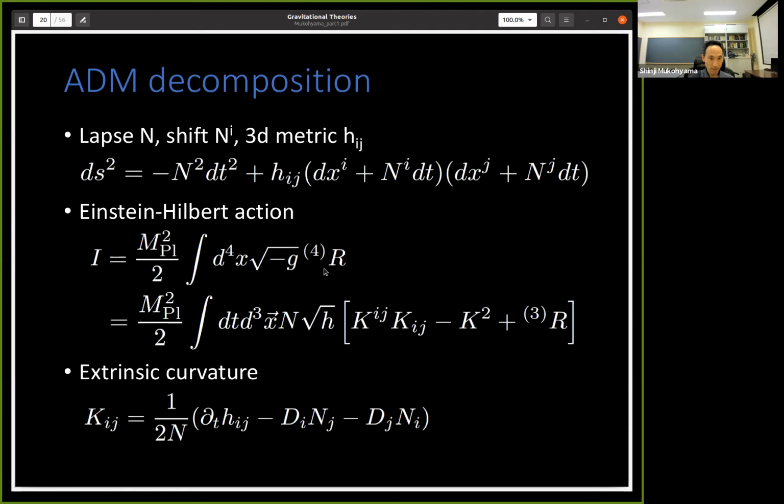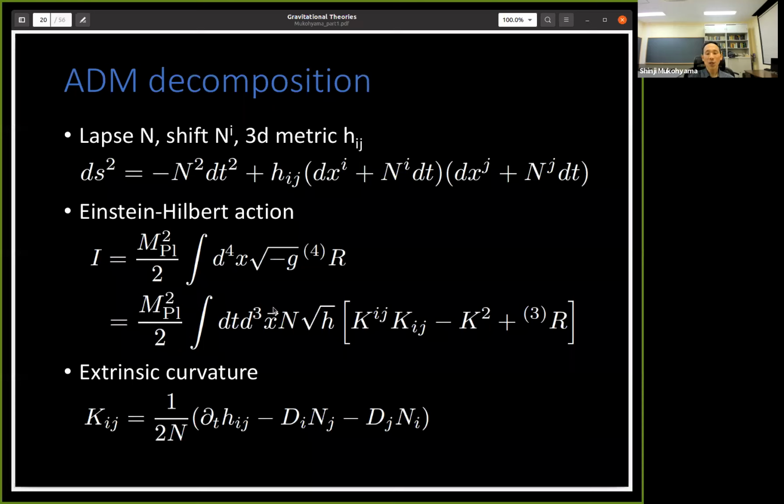Okay, so we decompose in this way, then plug this into the Einstein-Hilbert action. Here I introduce a 4 because this is the 4-dimensional curvature, and I said I didn't include the cosmological constant, but inclusion of the cosmological constant does not change this argument. So if we do that, this action can be written in this way.